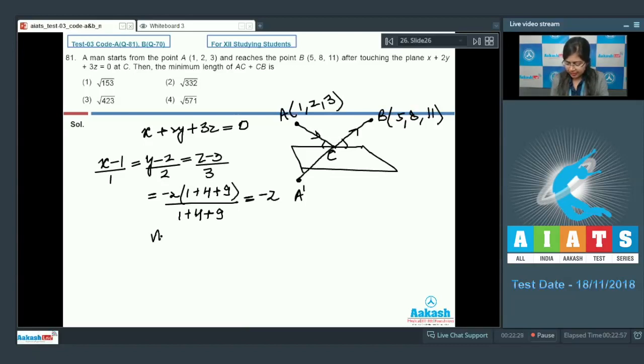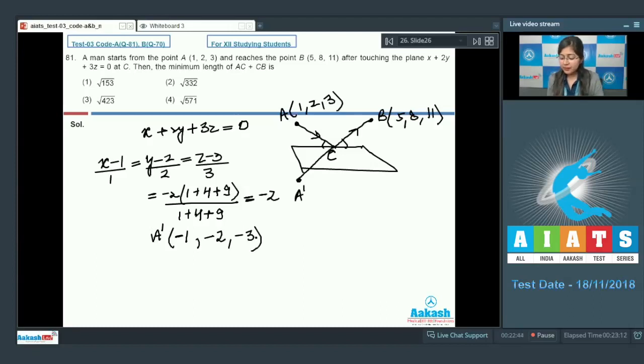Now from here the coordinates of A dash can be found as x will be equal to 1 - 2, that is -1, y will be equal to 2 - 4, that is -2, and z will be equal to -6 + 3, that is -3.